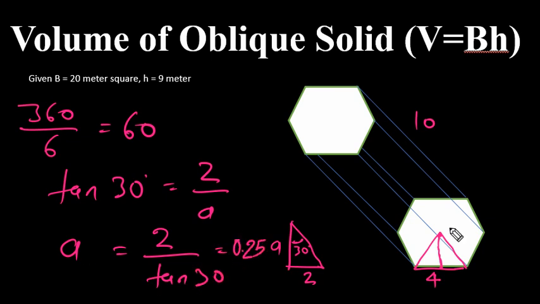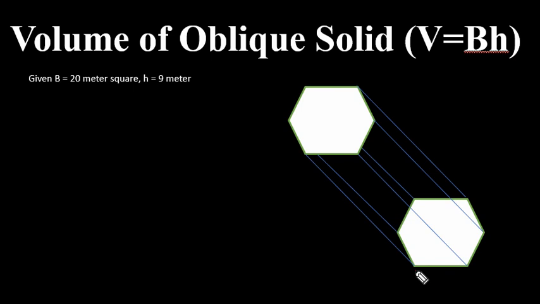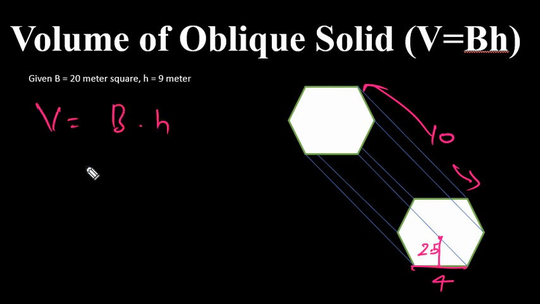That's what we did. So now we know that this distance is 4, this distance is 2.5, and this distance is 10. That is the important thing, that you need to know how we can find the apothem distance. So V equals B multiplied by H, that is perimeter multiplied by apothem length divided by 2 multiplied by H. Perimeter is 4 times 6, right? 1, 2, 3, 4, 5, 6.